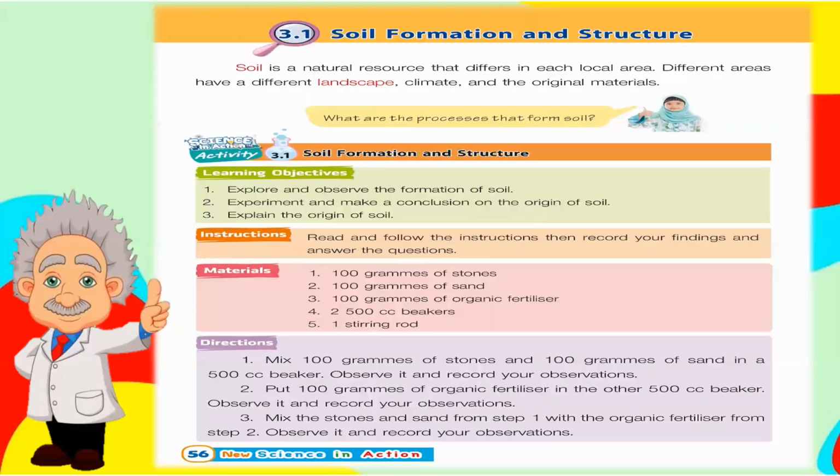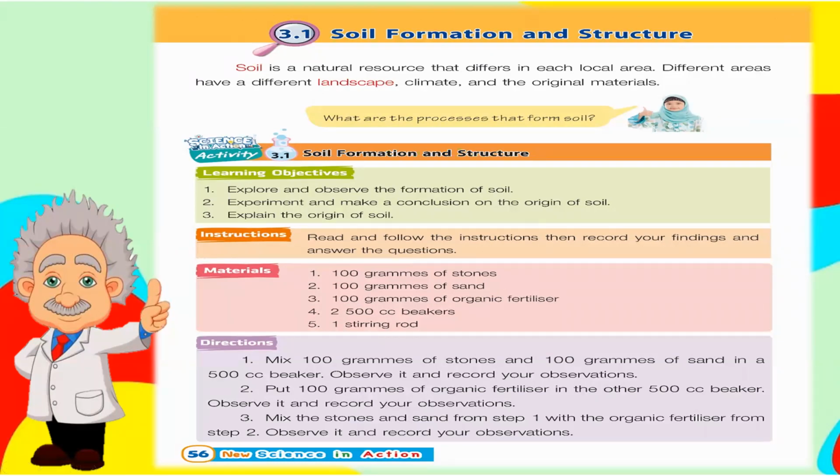Now, let's start. Today we are going to have a bit of an experiment. The experiment is about soil formation and structure. First of all, soil is a natural resource that differs in each local area.